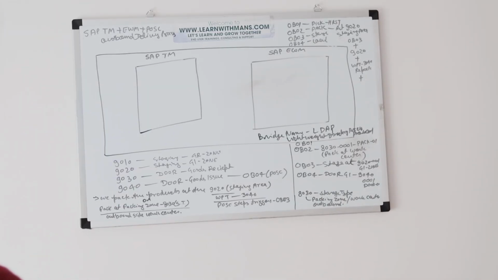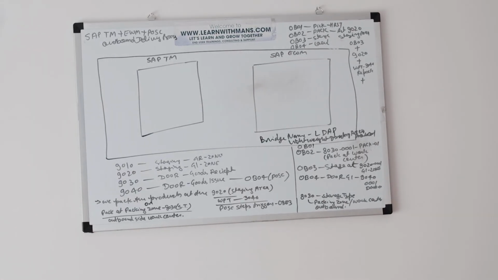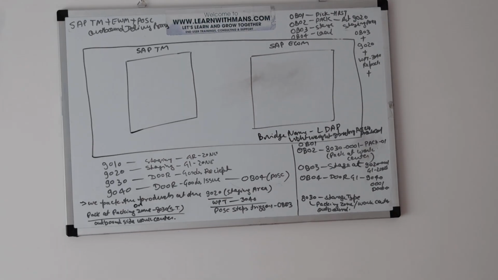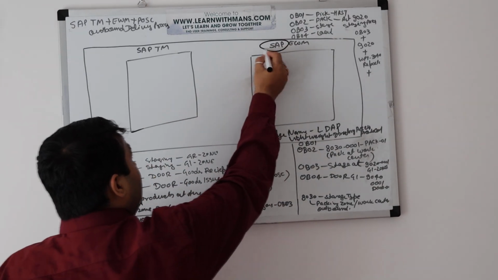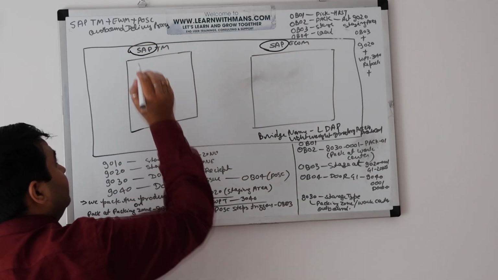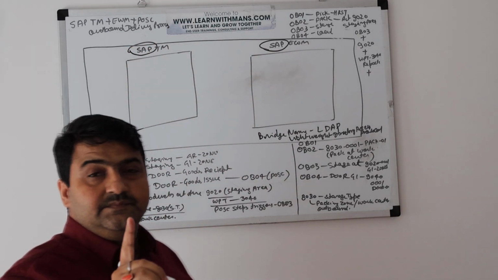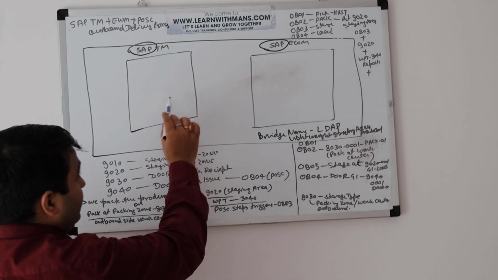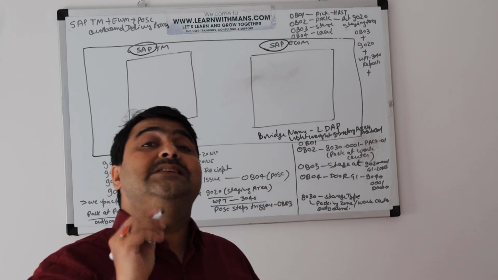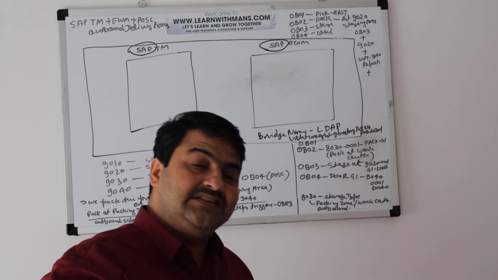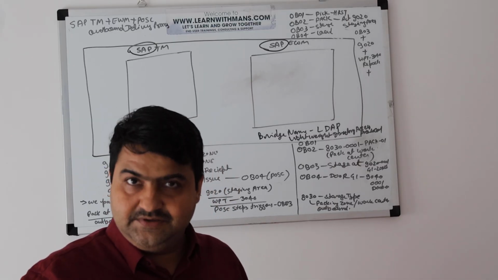I hope you can see, or let me zoom in more. What is the common thing? Both are SAP systems. That means we are going to exchange data between two SAP systems. In this example, this is not a non-SAP system.